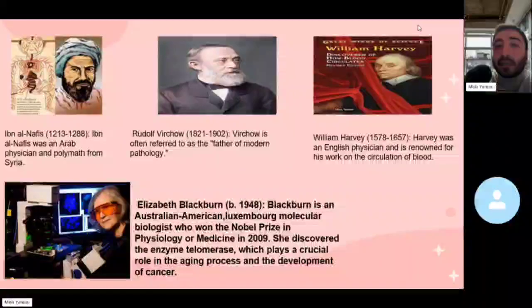Here there are some of the scientists, with too much information according to them from physiology and pathophysiology.